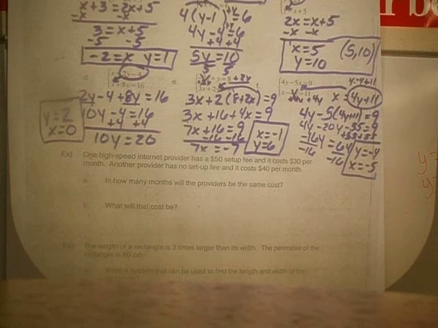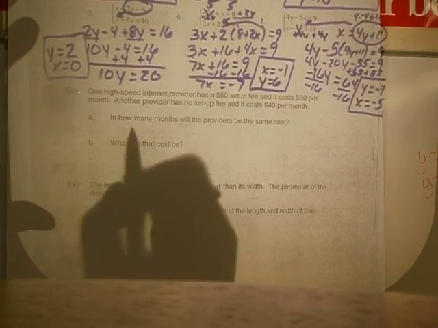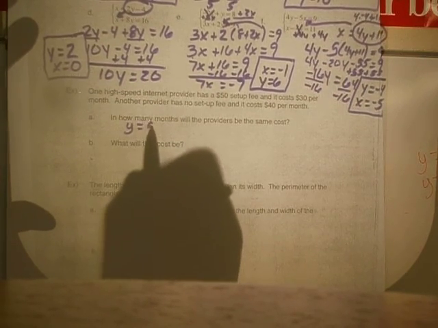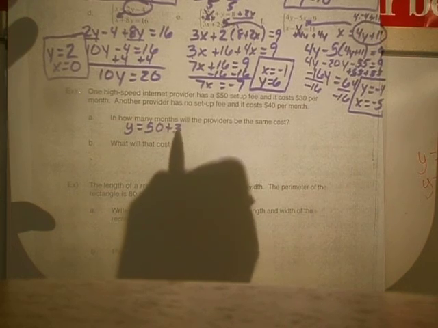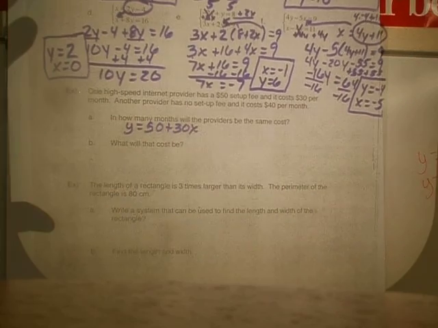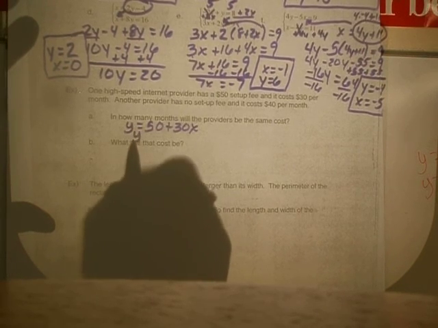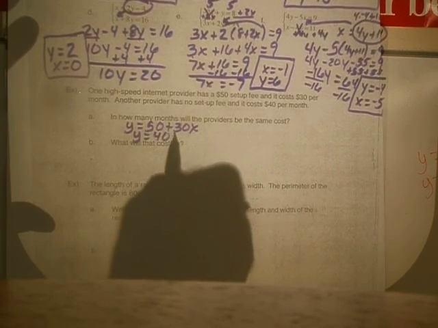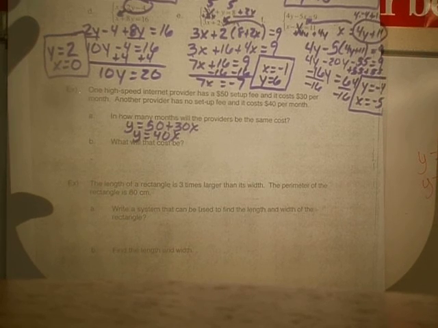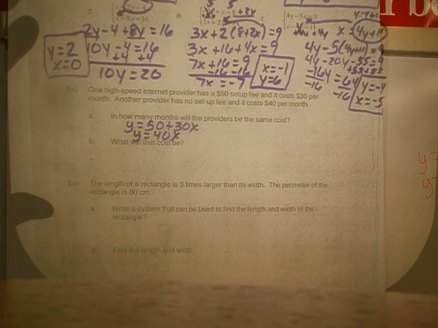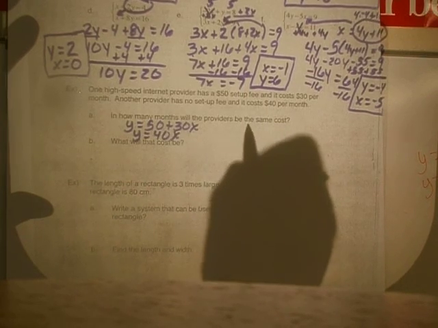Two more examples, story problems. One high-speed internet provider has a $50 setup fee and it costs $30 per month. So that would be 50 plus 30x. The other provider has no setup fee and costs $40 per month. So that will be y equals 40x. We want to know in how many months will the providers have the same cost.